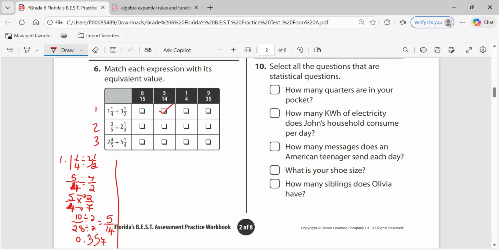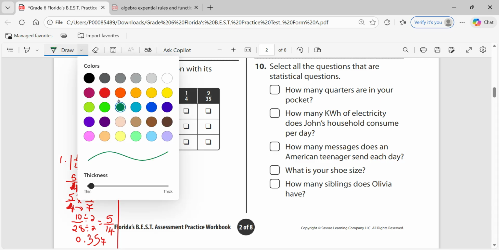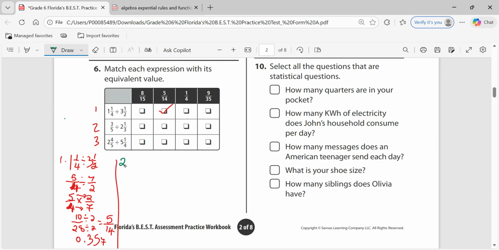Now let's look at number 2. So we have 3/5 divided by 2 and 1/3, improper fraction. So 3/5 divided by 3 times 2, which is 6, plus 1, 7/3. To divide fractions, I multiply by the reciprocal.